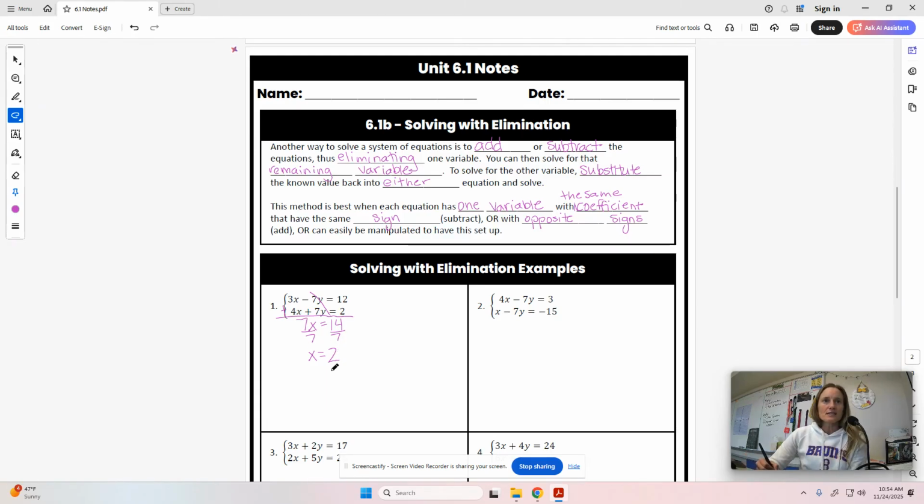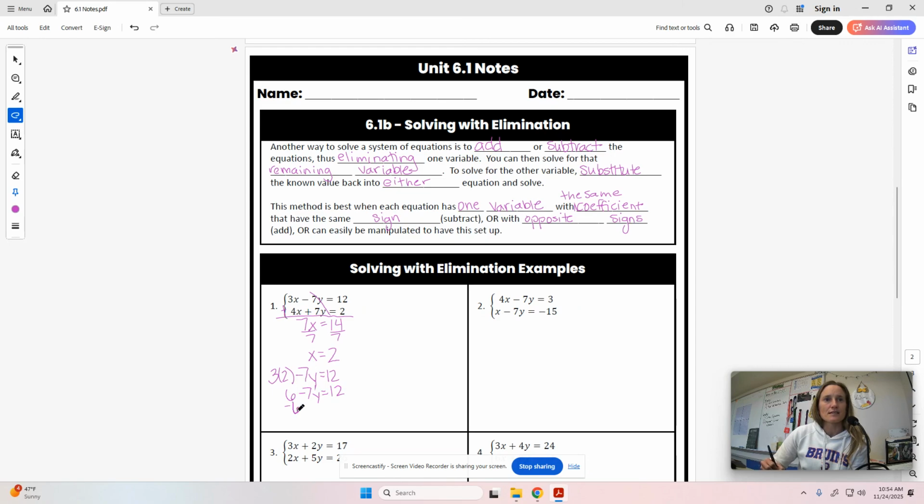So we can plug in this value for x into either of the equations and solve for y. It does not matter which one you pick, whichever one you think is easier. Looks like in the paper notes I plugged into the top one. So we're going to replace the x with a 2, leave the y. So 3 times 2 is 6.